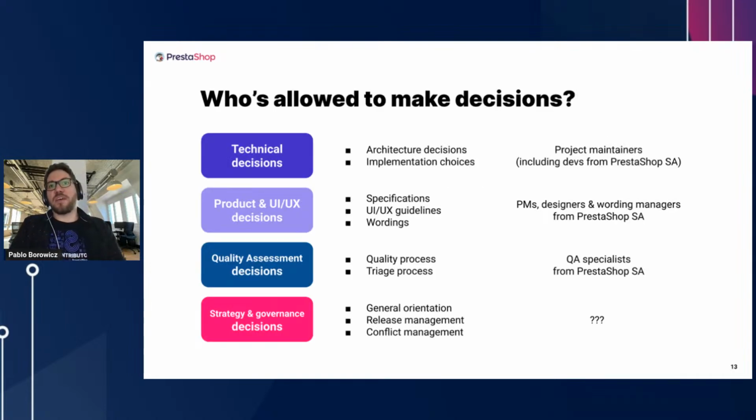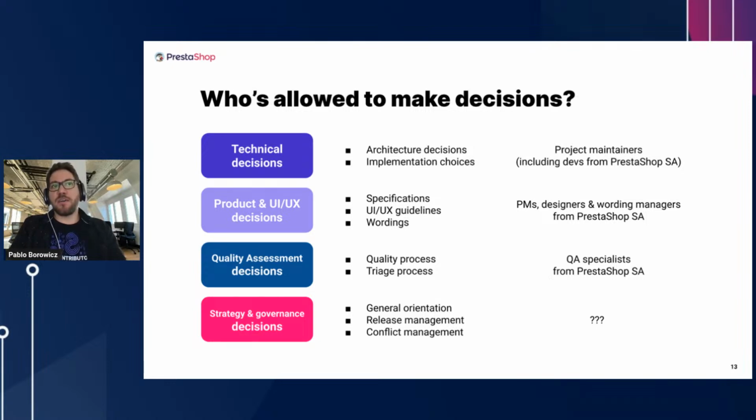If we look at the current situation in the project, for technical decisions like architecture choices and implementation choices, we have project maintainers, and an important share of maintainers are employees of the company.